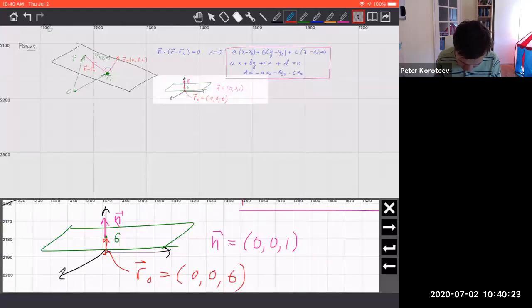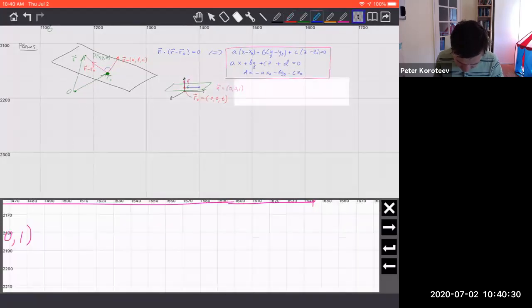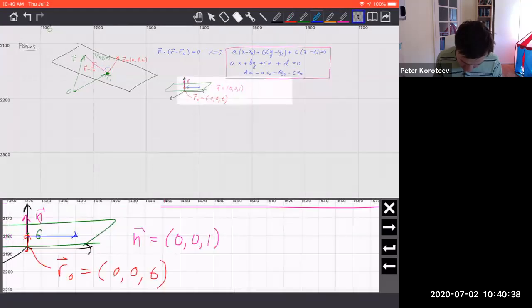And then, how would you describe any point on the plane? Well, you just write this equation. In this case, a and b are equal to 0.